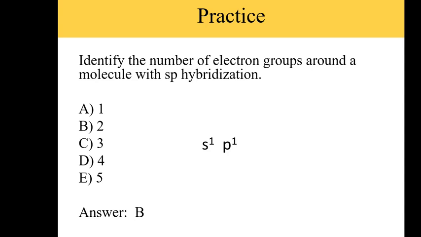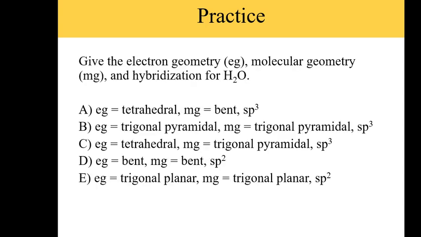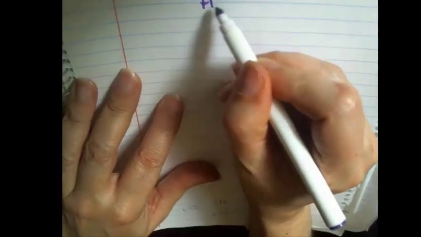Let's look at a more complex question. So say, for example, the question is, give the electron geometry and the molecular geometry and the hybridization for water. Now, how do I approach this? I'm going to pass on to my writing pad, and I'm going to do this. So I have H2O.